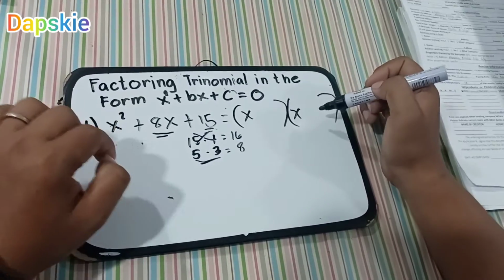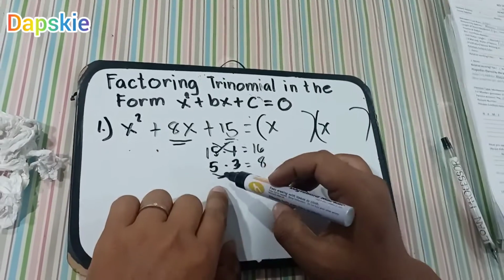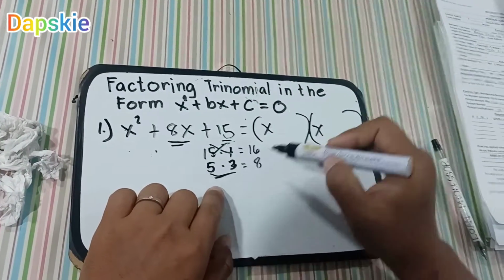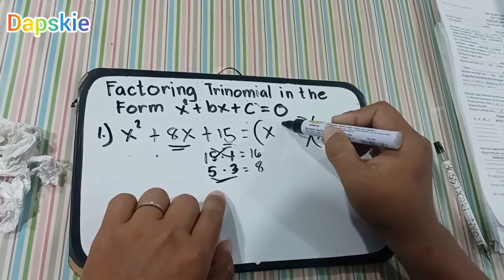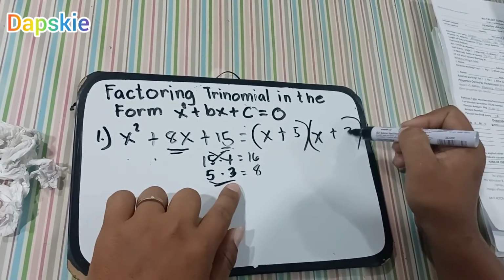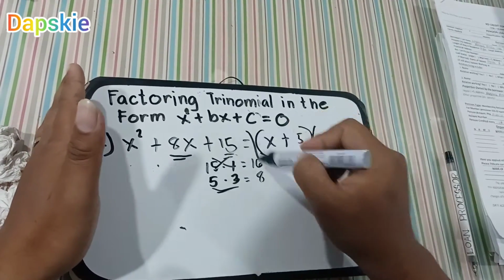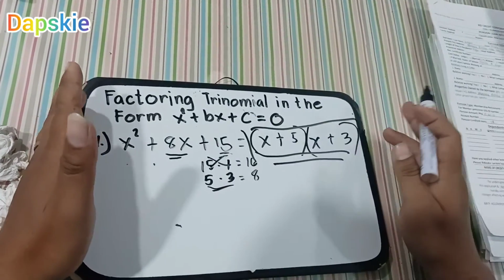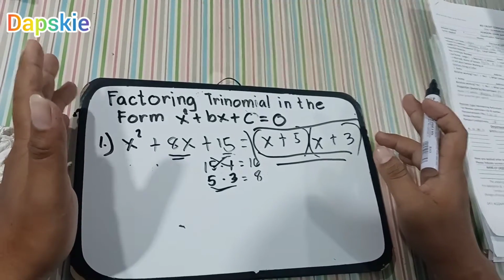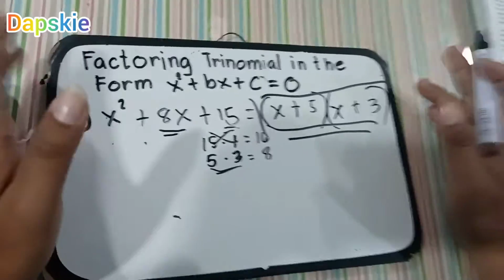Then we use the two factors of 15, positive 5 and positive 3. Now we conclude that this is the factor of this trinomial. So this is how we factor a trinomial.